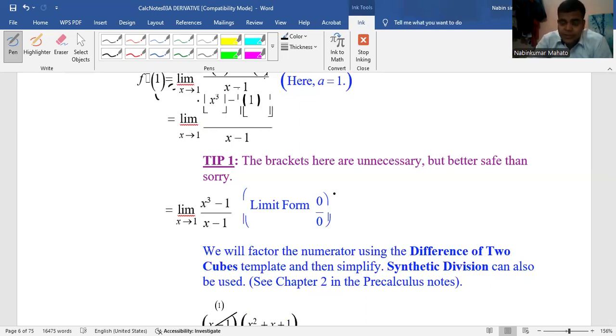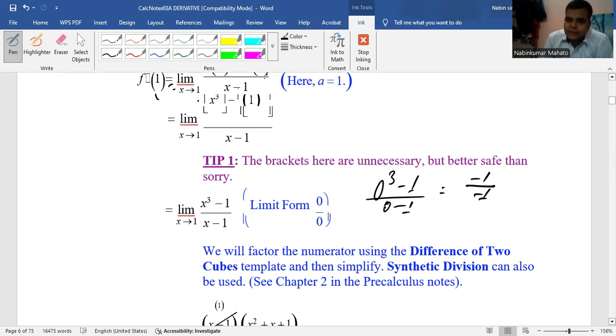First of all, check it: 1 cube minus 1 upon 1 minus 1, that is 0 by 0. 0 by 0 is the indeterminate form.